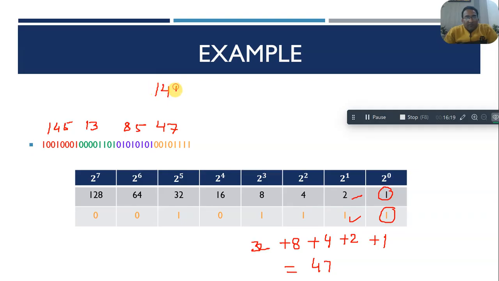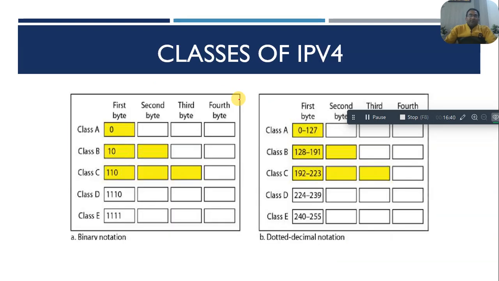The IP address is 145.13.85.47. So in this way you can convert a binary IP address to decimal notation.